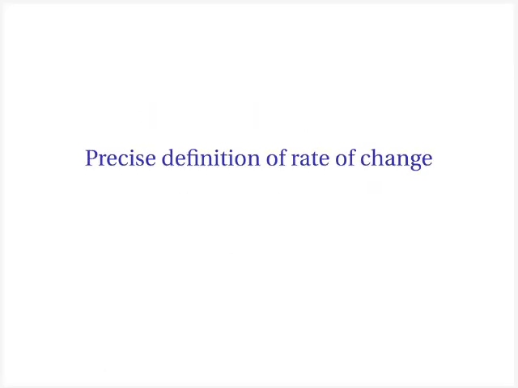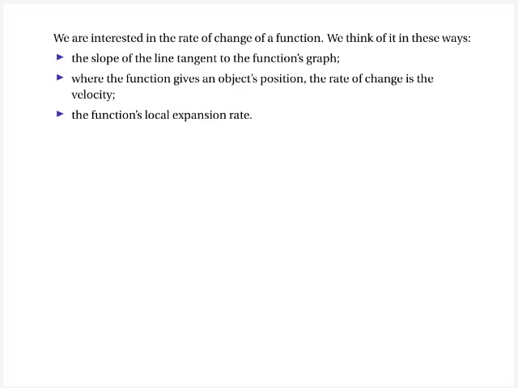Alrighty. We're going to give a precise definition of the rate of change. We've already talked about the rate of change of a function, and we've given a couple of ways to intuitively think about it. You could give another 15 ways, but we gave 3. The slope of the line tangent to the function's graph.